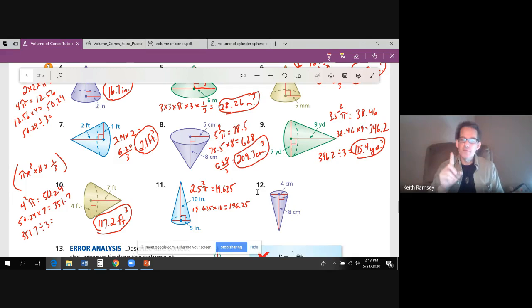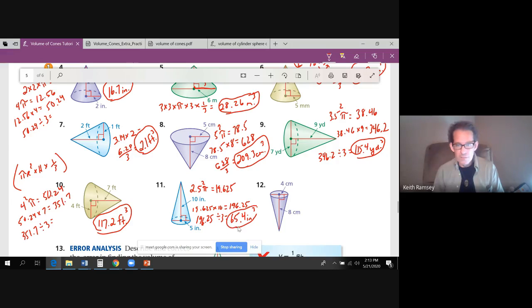And then the last step is divide that by 3 because a cone is 1/3 the volume of a cylinder. And a cylinder is just pi r squared times the height, well, for a right cylinder. So 196.25 divided by 3 is my volume, which is 65.4 cubic inches.